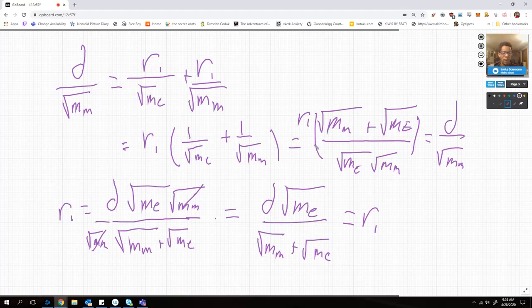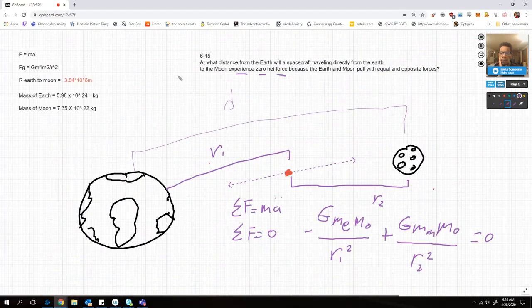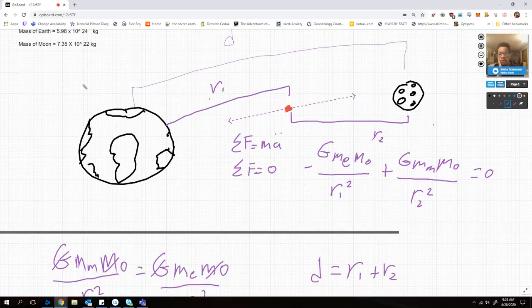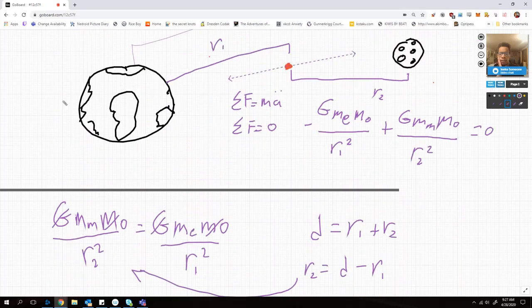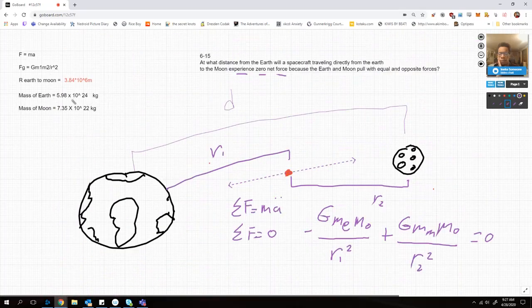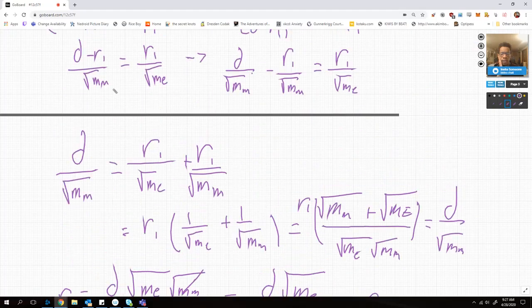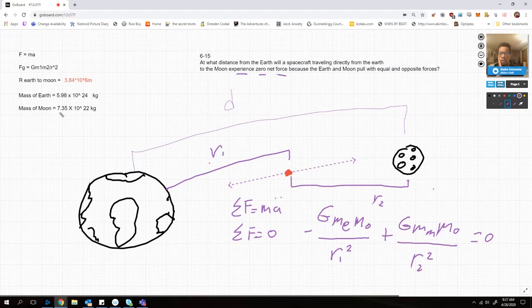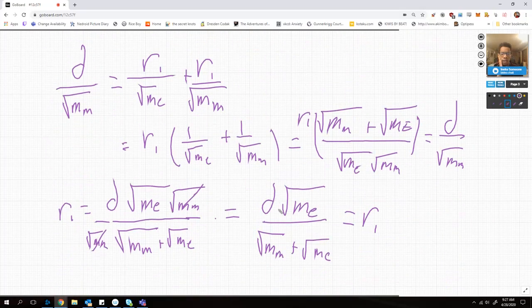Like I said, it turned into a math problem after you do all of that. But now I can substitute in my distance, 3.84 times 10 to the 6th, into here. I can substitute my mass of Earth, 5.98 times 10 to the 24, into here and here. And then substitute my mass of the Moon, 7.35 times 10 to the 22nd, into here.